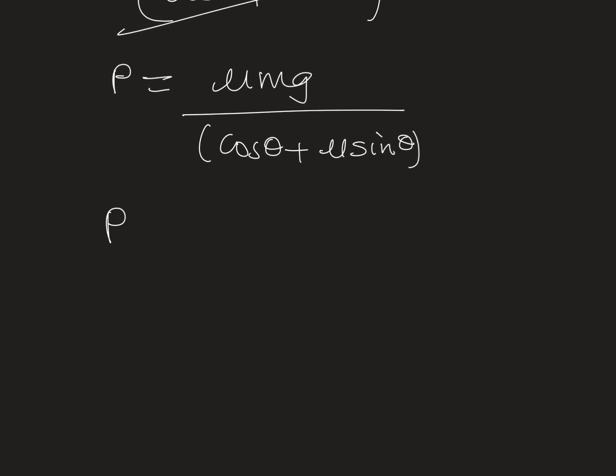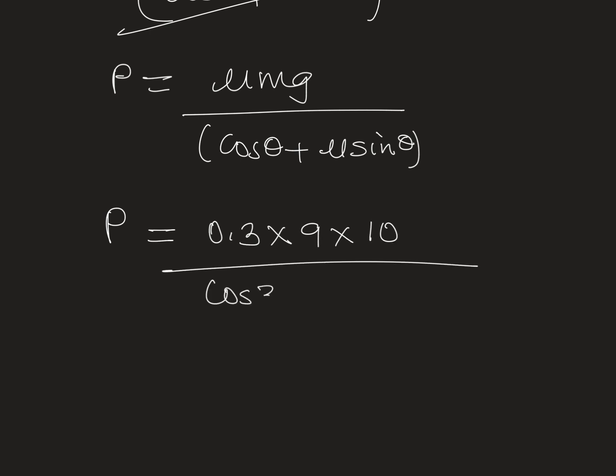So the applied force will be: the coefficient of friction is 0.3, the mass is 9 kilograms, acceleration due to gravity is 10, all over cos 30, because the angle is 30 degrees, plus the coefficient of friction 0.3 times sine 30.